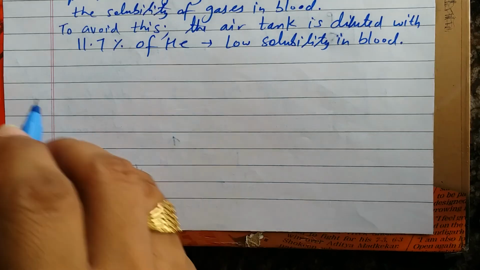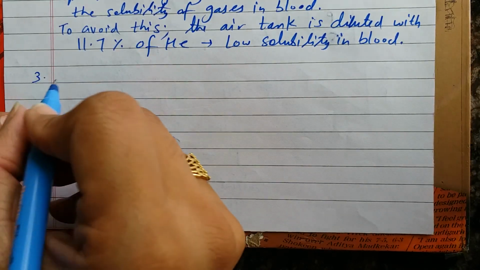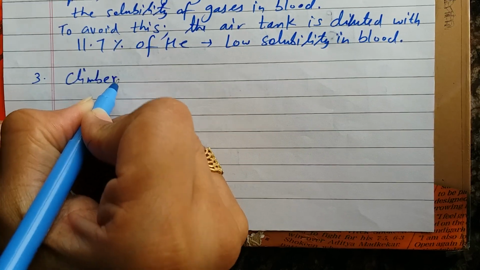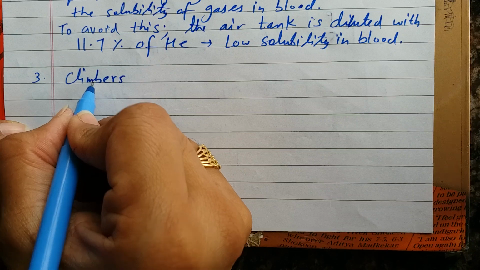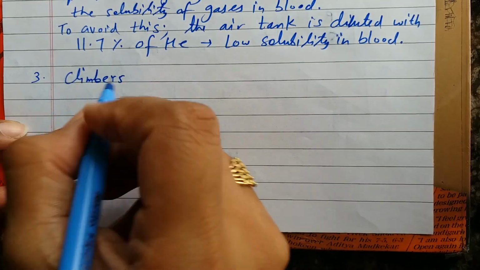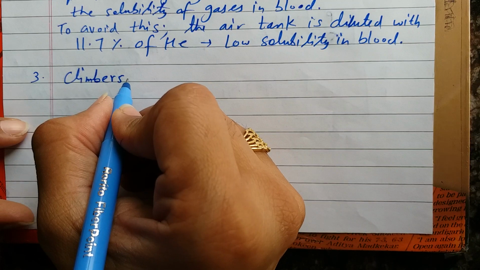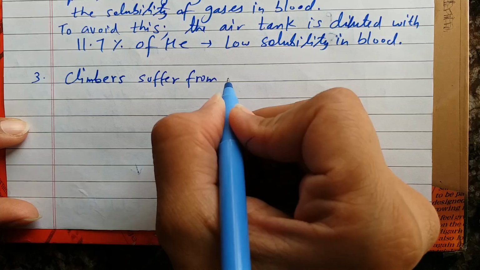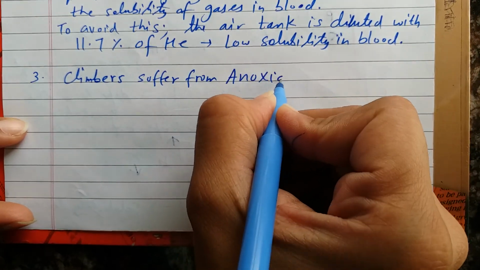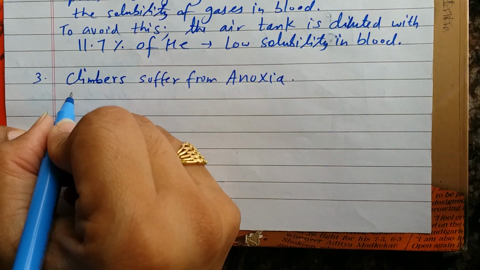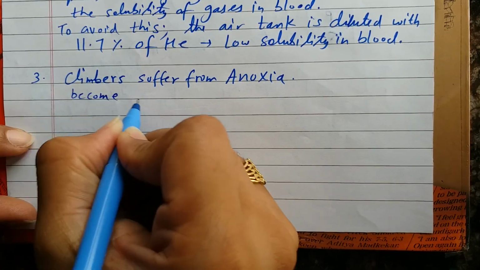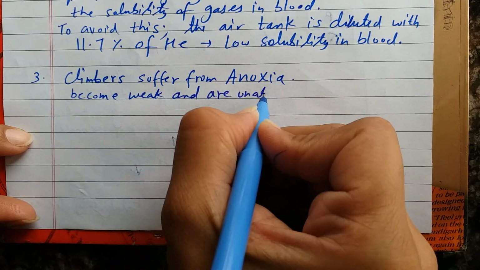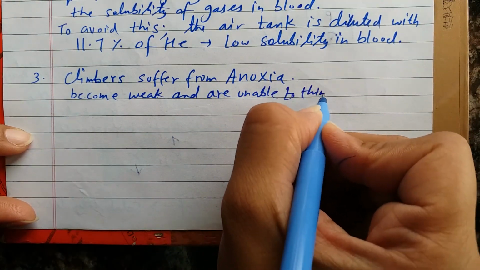And one more last application that we will talk about is that those people who live at high altitude, you can consider the climbers also, and the people who live at higher altitudes in hill stations, they again suffer from a medical condition which is known as anoxia, and because of anoxia, they become weak and are unable to think clearly.